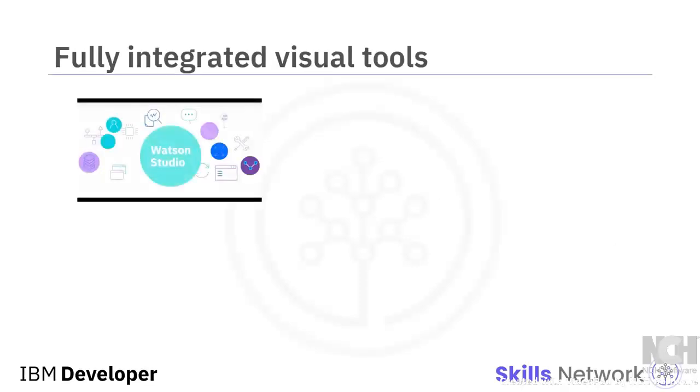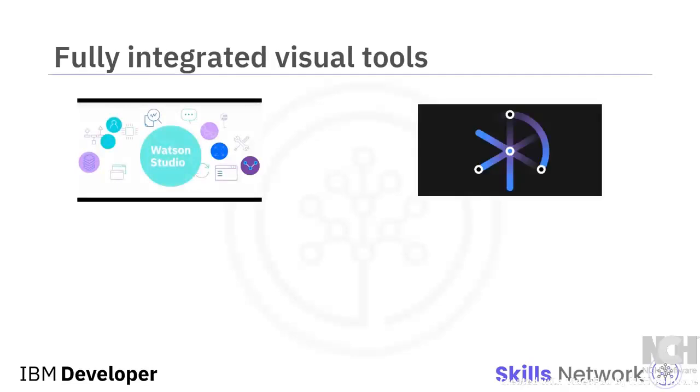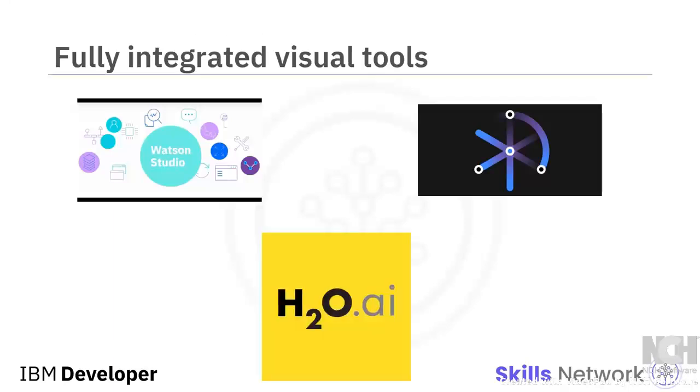Watson Studio, together with Watson OpenScale, is a fully integrated tool covering the data science lifecycle involving all tasks discussed previously. They can be deployed in a local data center on top of Kubernetes or Red Hat OpenShift. And another example of a fully integrated commercial tool is H2O Driverless AI, which covers the complete data science lifecycle.